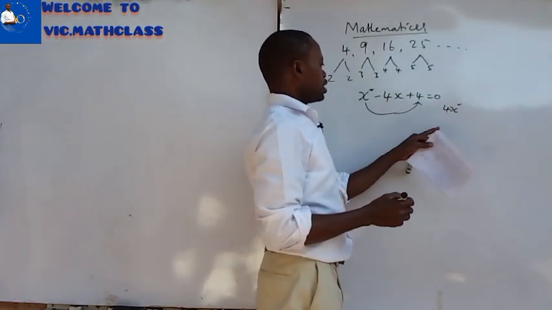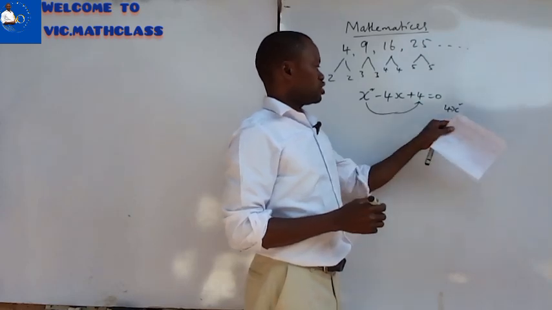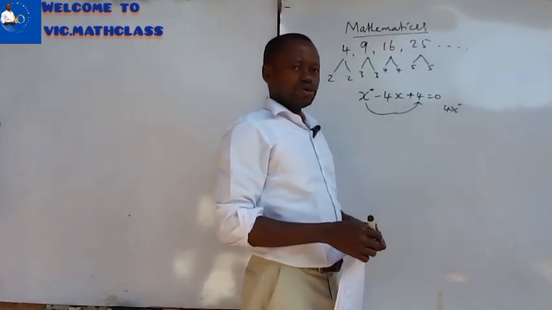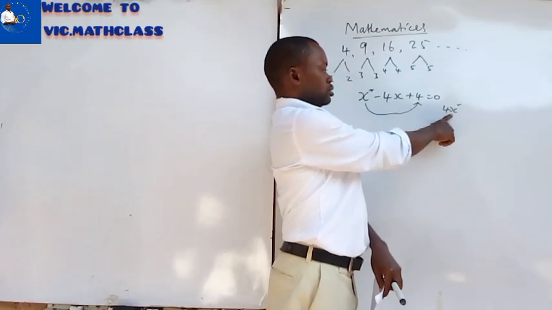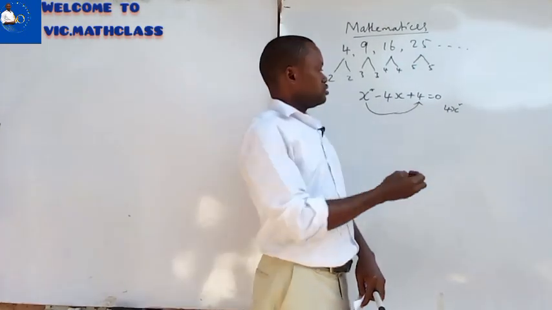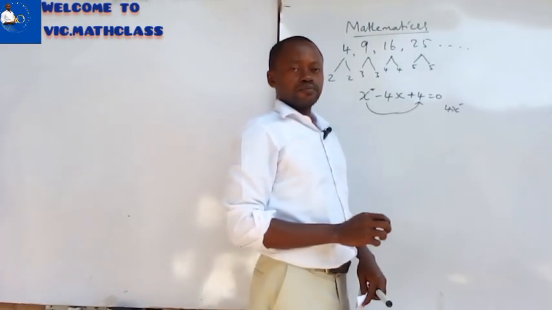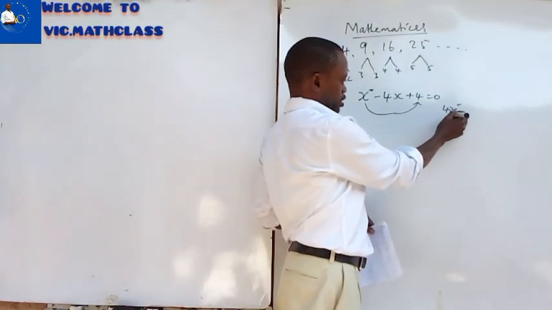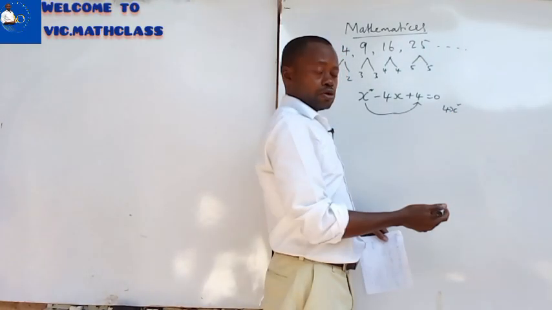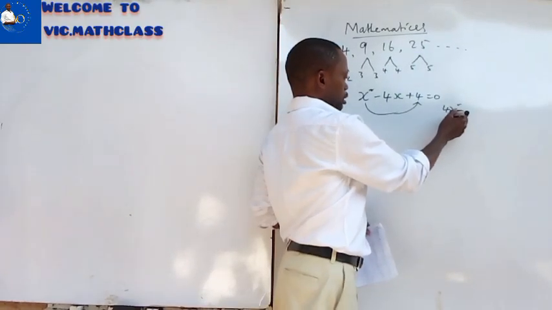So we'll look at this expression and check how we can find two factors of it which, when we take the sum, will give us this middle term. I'll begin by trial and error.